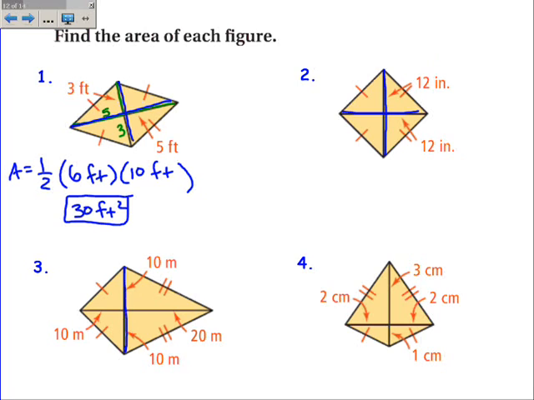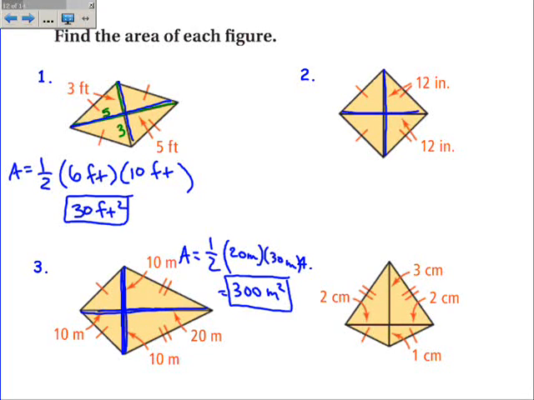So this length right here is 20. And this length right here is 30. So the area of this kite is 1/2 times 20 meters times 30 meters, which is equal to 300 square meters. Okay, again, one more example with a kite is the area is 1/2.